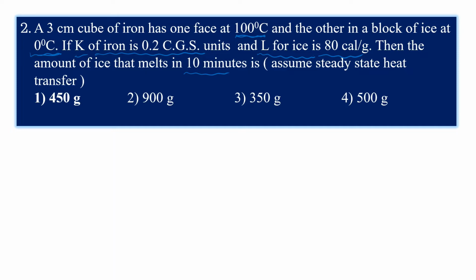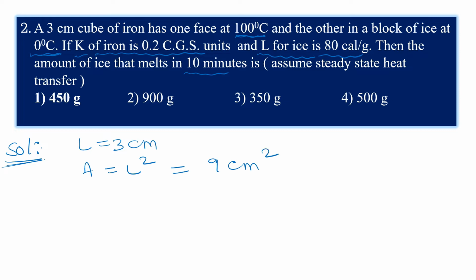So now let us go to the solution. Here we have to calculate the amount of ice that melts in 10 minutes. In this question, the length of the cube, or one side, is 3 centimeter, and the area is side square, that is L square, so 3 square, 9 centimeter square.